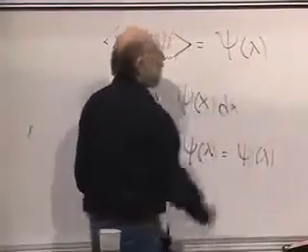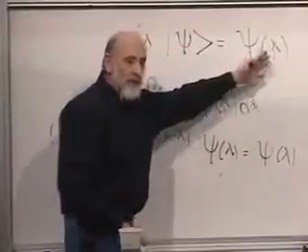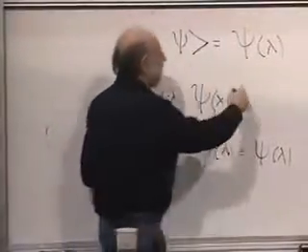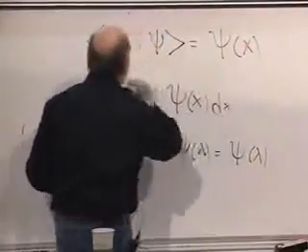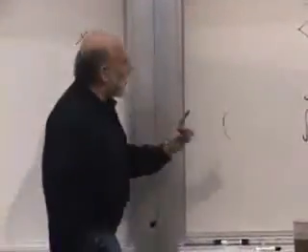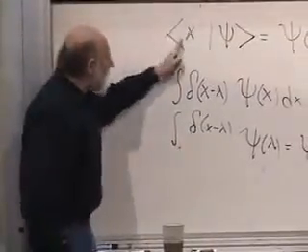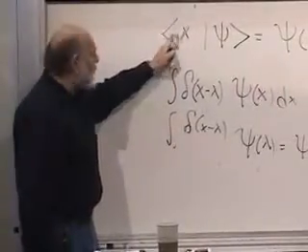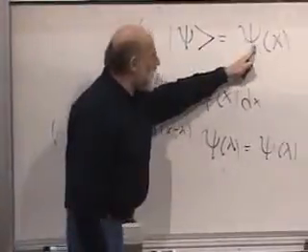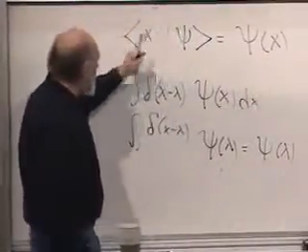In other words, the wave function itself, psi of lambda, or we could call it psi of x, we could replace lambda by x here. We can read this as saying the inner product of psi with a state which is localized at position x is just the wave function psi of x. That's what psi of x is. It's just this inner product.